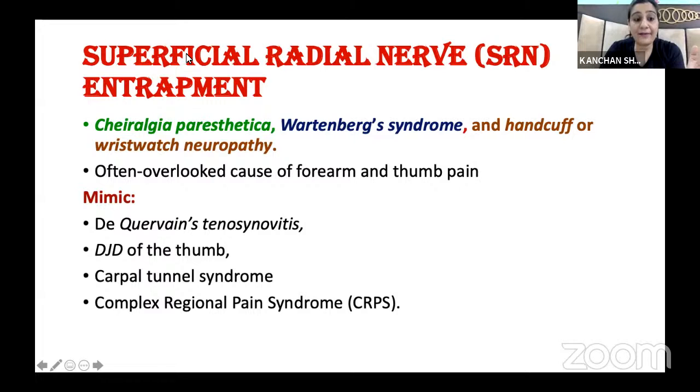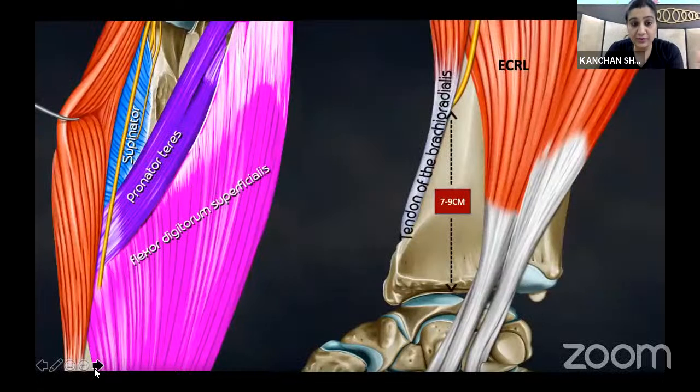If you have entrapment of the superficial branch, we have learned that the superficial branch descends beneath the brachioradialis. Approximately 7 to 9 centimeters from the radial styloid process, it becomes superficial.